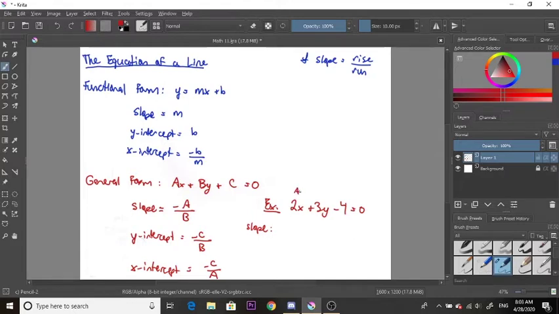So let's label our a, b, and c values here. We have a 2 for our a, but we have to put a negative in front. And then the b is 3, which is underneath. You can leave it as a fraction because it will give you a repeating decimal. But if you really do want to turn it into a decimal, it can become 0.67. You would round it up to this.